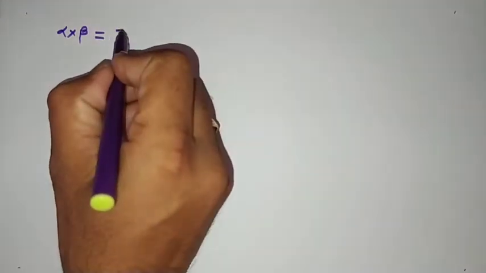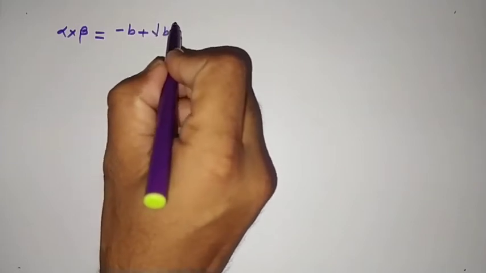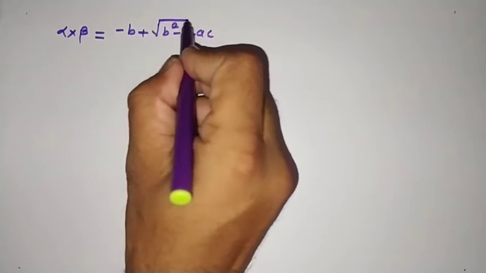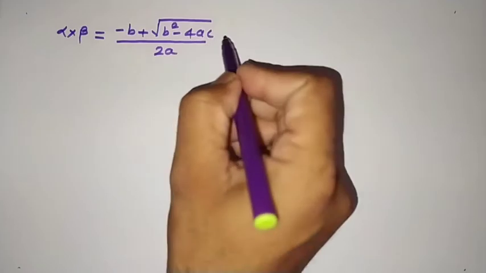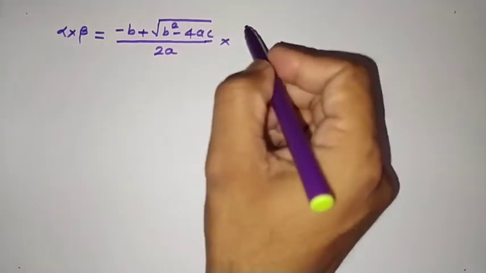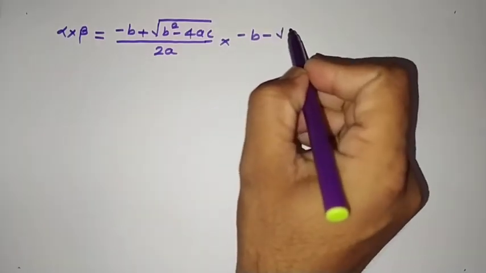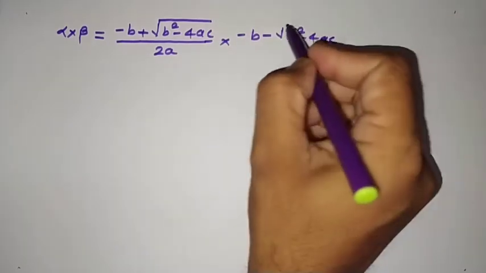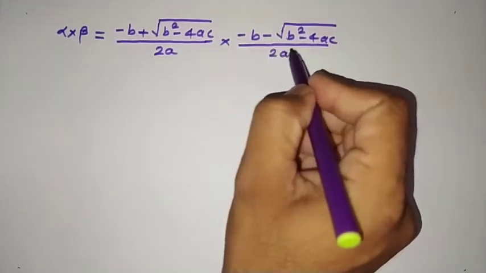Alpha means minus b plus square root of b square minus 4ac upon 2a, multiplied by beta, minus b minus square root of b square minus 4ac upon 2a.